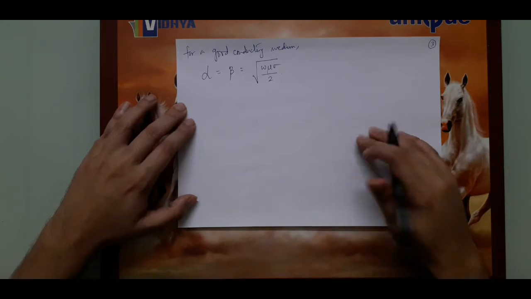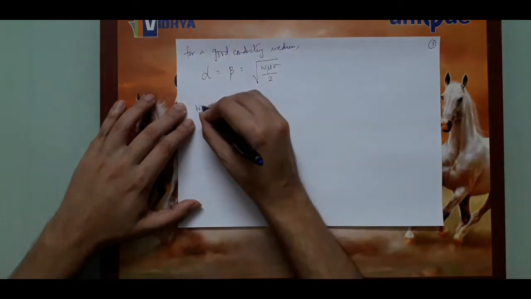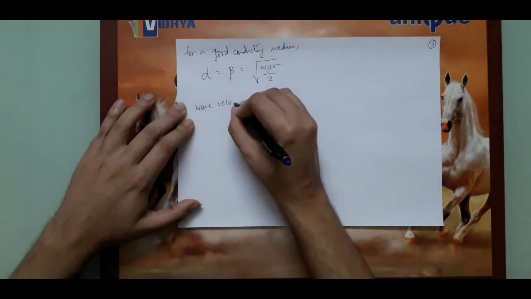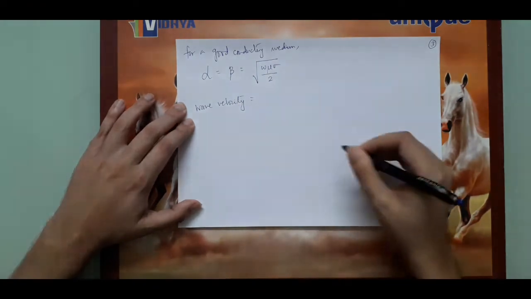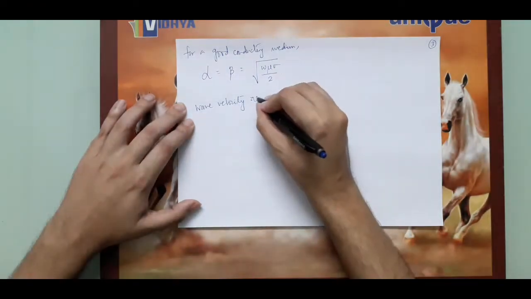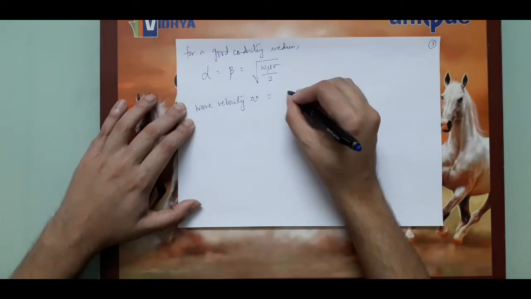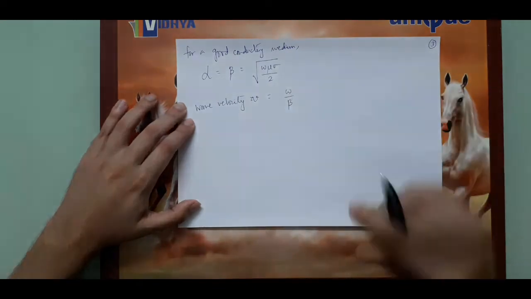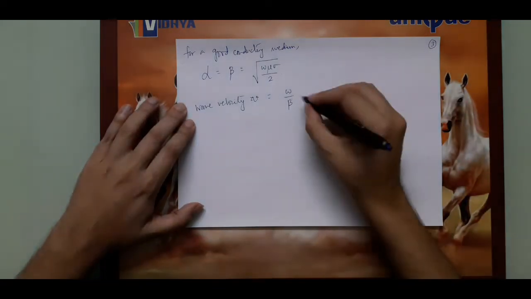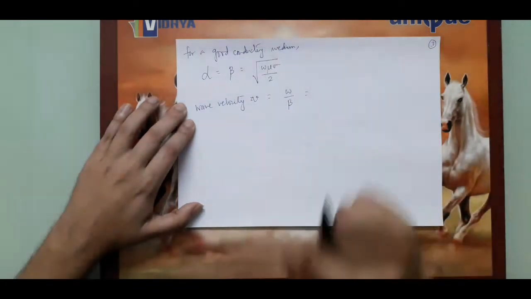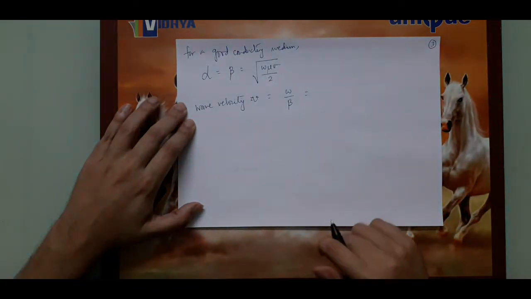So the velocity of the wave, as you very well know by now, the wave velocity v is nothing but omega by beta. You know what beta is.